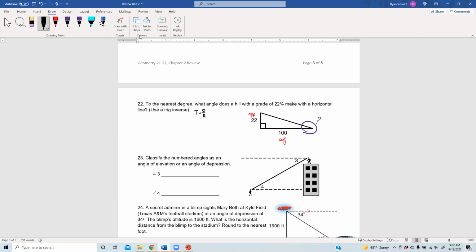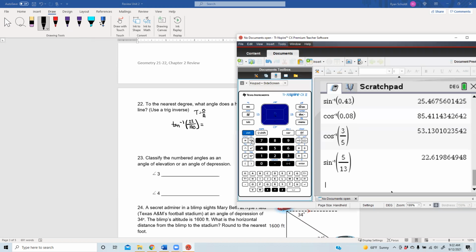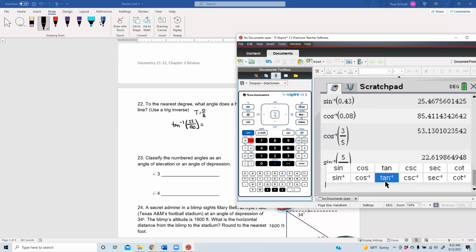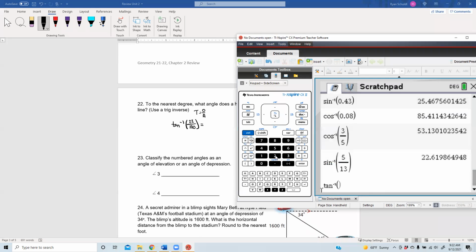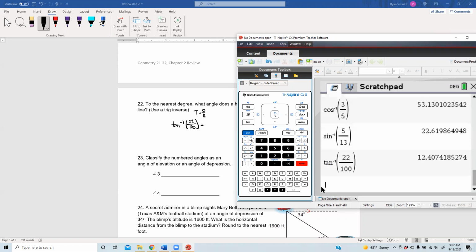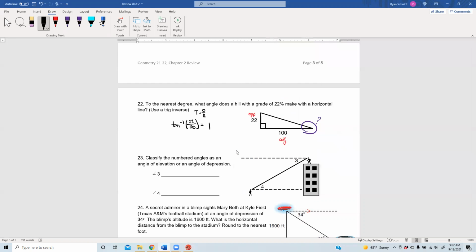They give us a hint, use a trig inverse. So the tangent inverse is opposite over adjacent. 12 degrees, because it says the nearest degree. So this will be 12 degrees.